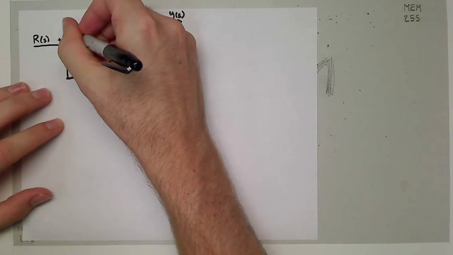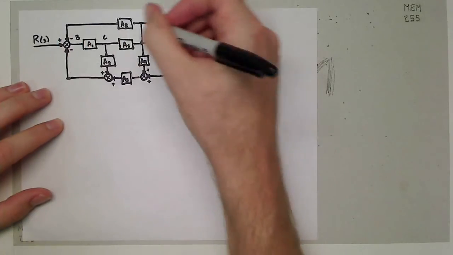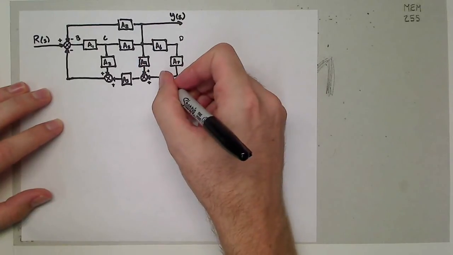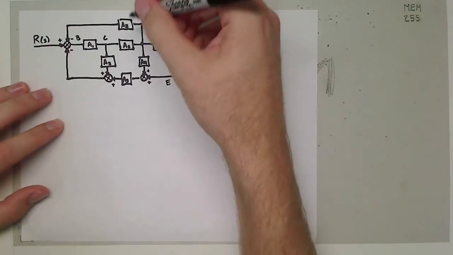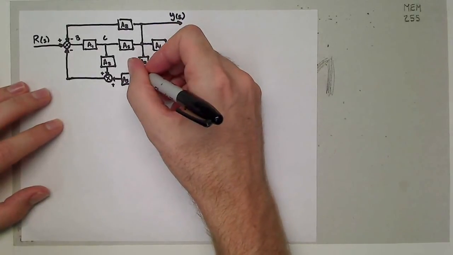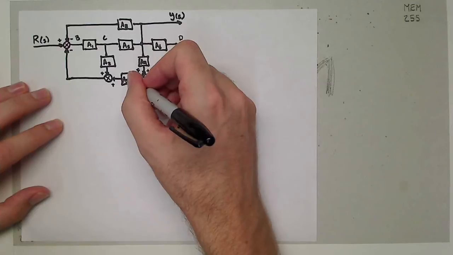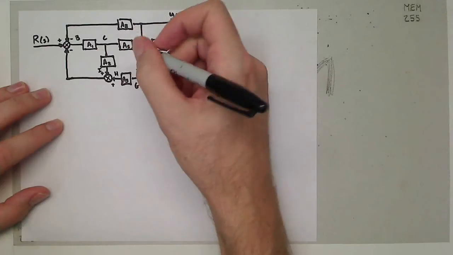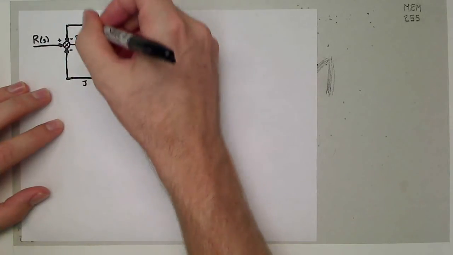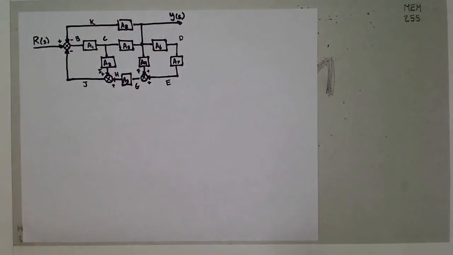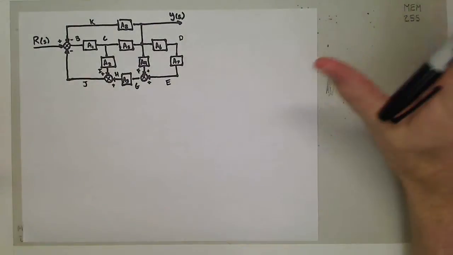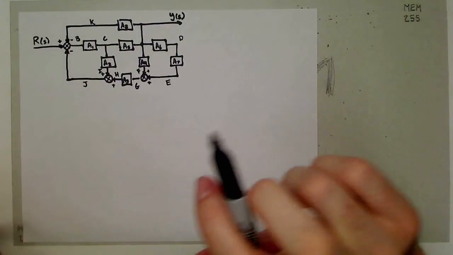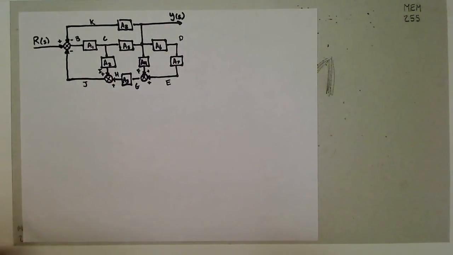So this one will be B, C, this one is already Y, D, E, this one here will be F, this one will be G, H, this one will be I, J, and K. Okay, so all I've done is label all the nodes. There's no trickery here, there's no nonsense. I just want to have a name for each node as I naively step through all the equations.